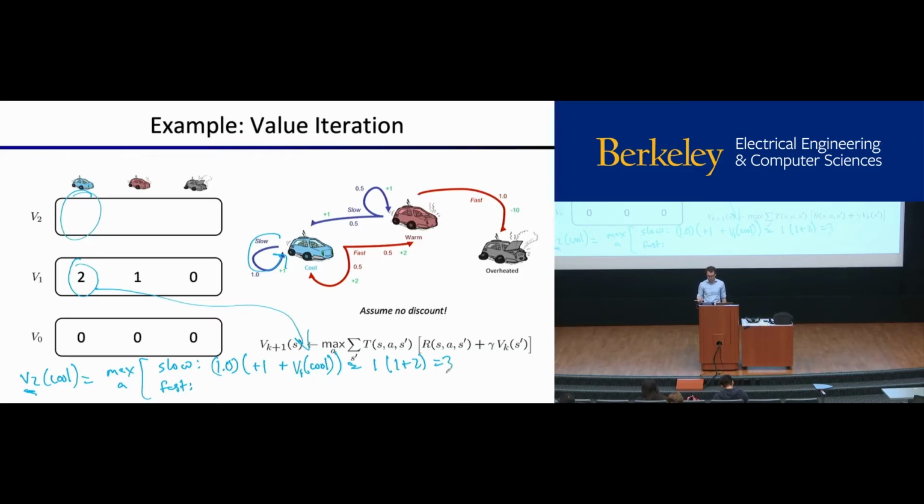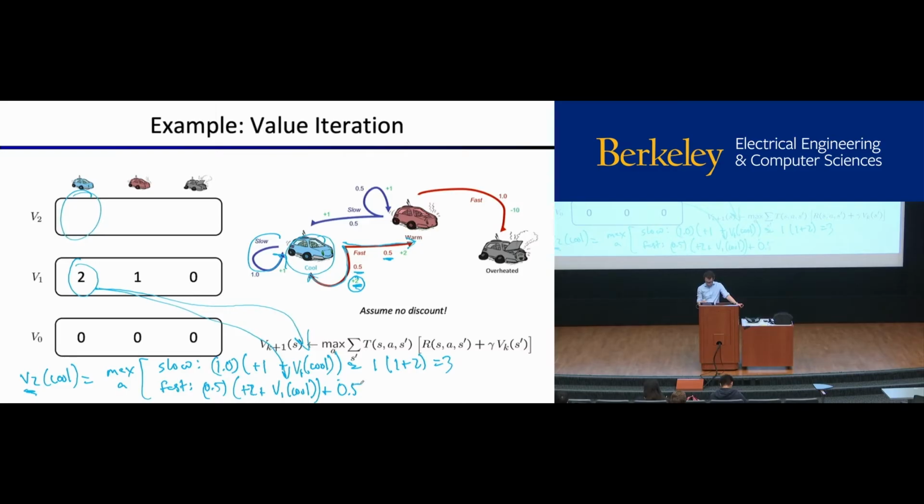Okay? Now we do the fast case. We say fast is going to be 0.5. Why is it 0.5? Because if we're in the cool state and we take the fast action, 0.5 of the time we go to the warm state, 0.5 we go to the cool state. So first let's do the cool state. It's +1, and then it's +2. We're just reading it off of the reward function here. So +2, and then the value of being in the cool state, which we just pulled out of the table.